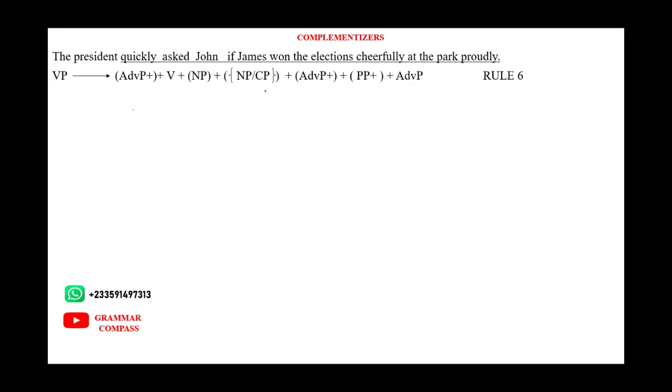Now, the only thing that we have included in this structure is the presence of a CP, that is our complementizer phrase. Therefore, we have an example of such structure above.